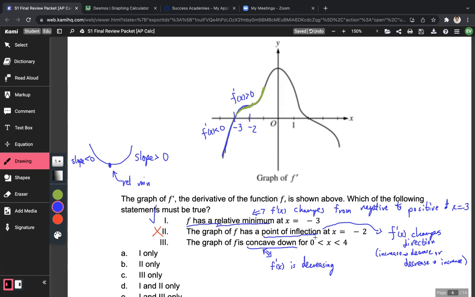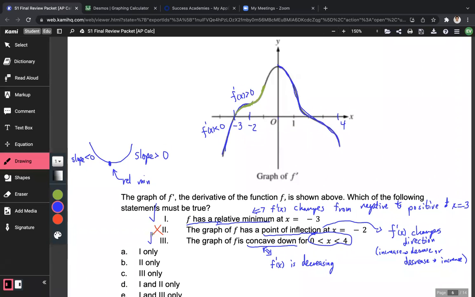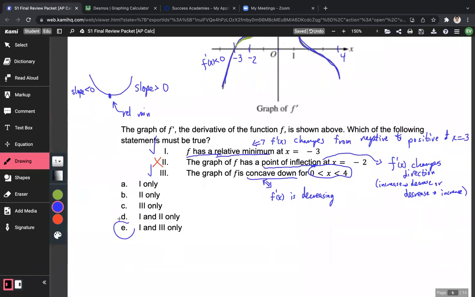So is f prime of x decreasing on this interval from 0 to 4? All right, here's 0, here's 4. Function sure looks like it's decreasing that whole time for me. F prime is decreasing that entire interval. So this one is true. So 1 and 3 are true.